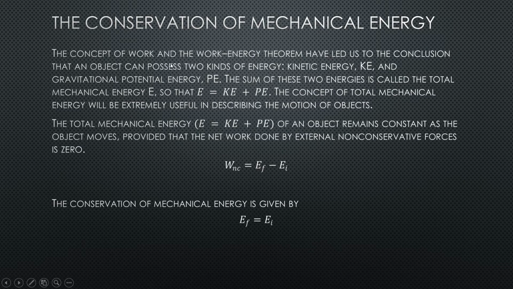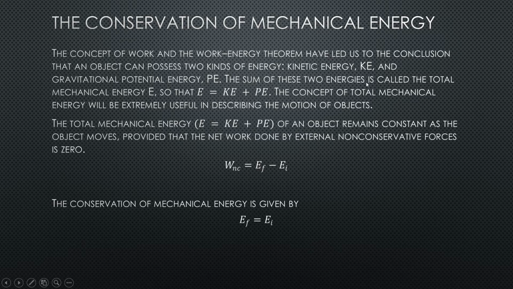Conservation of mechanical energy. So this concept of work and the work energy theorem have led us to a conclusion that an object can possess two kinds of energy, kinetic energy and gravitational potential energy, PE. So KE and PE, or kinetic energy, potential energy.